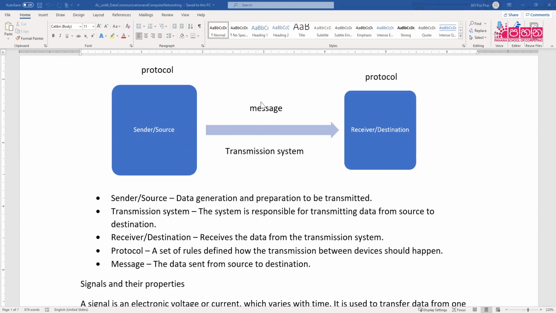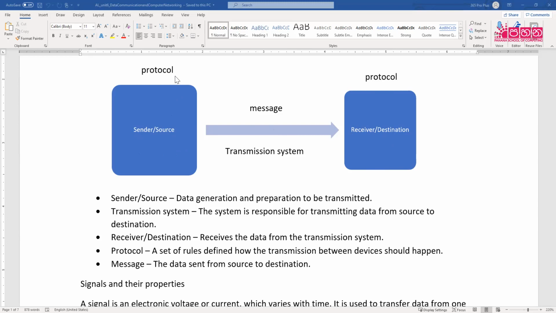Now, when device to device communication is there, we have to have a set of rules which govern this communication, and for that, we call it a protocol. A protocol defines a set of rules for how a communication happens.